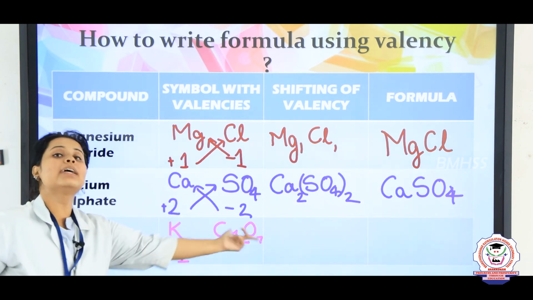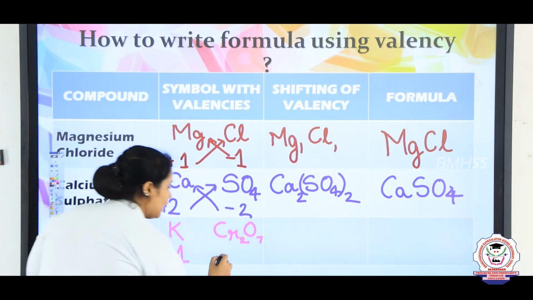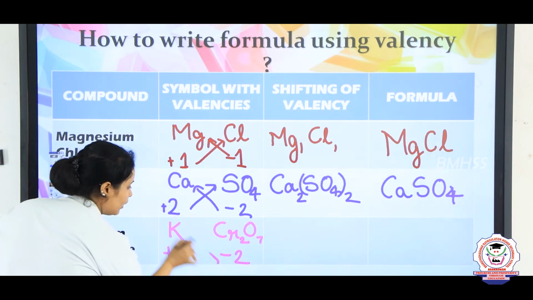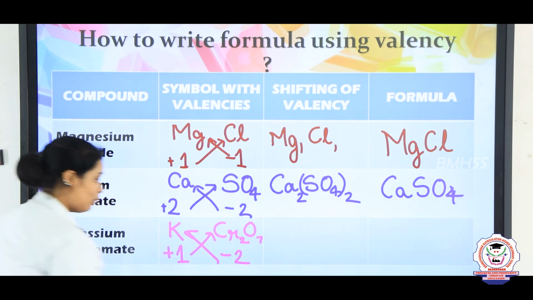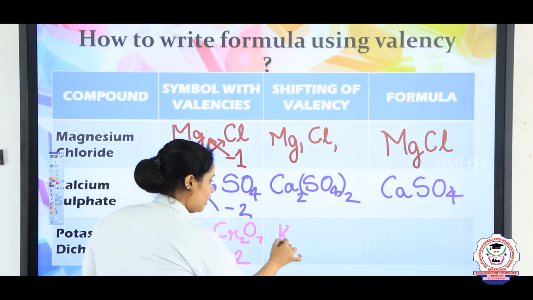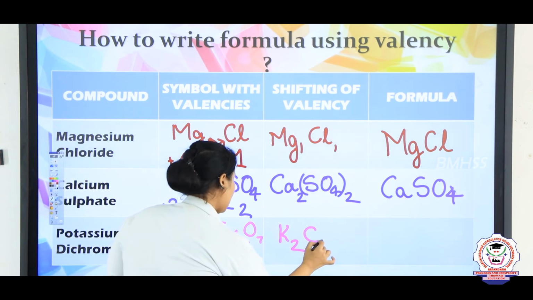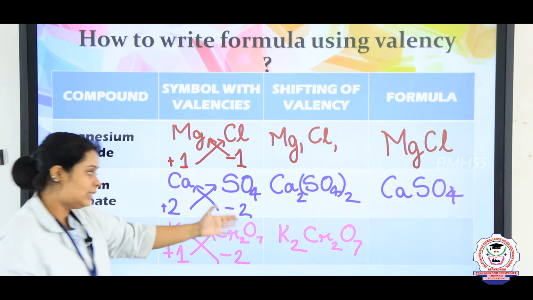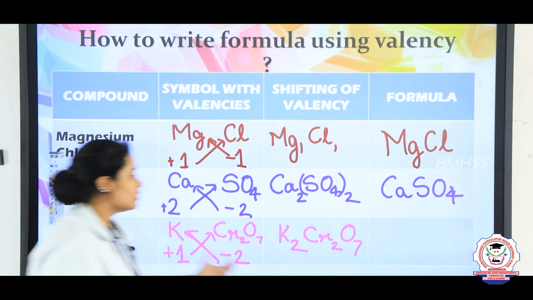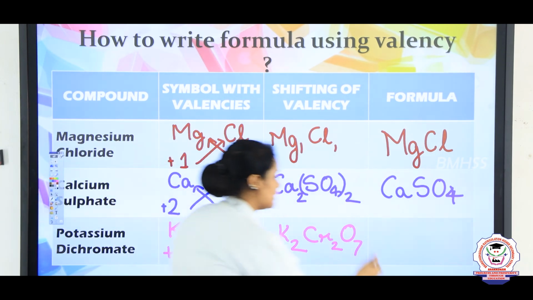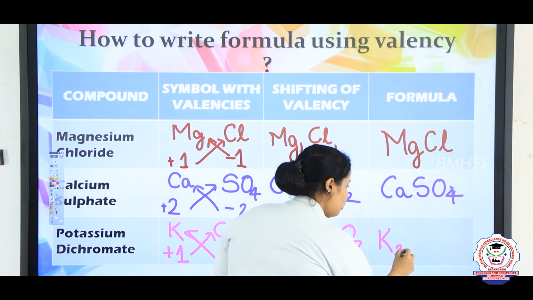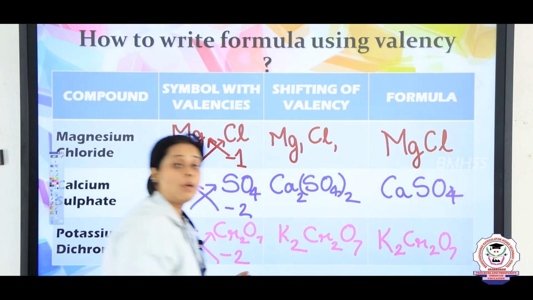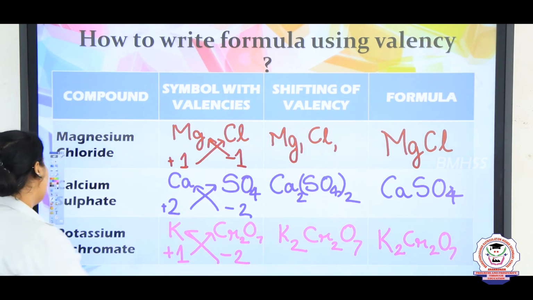This is dichromate, okay, and the charge will be -2. This whole charge will be -2. When you do the cross multiplication, you get K2Cr2O7. This you cannot divide further, right? So instead of dividing it further, we take it as it is and I write the formula as K2Cr2O7. So this is the formula of potassium dichromate.